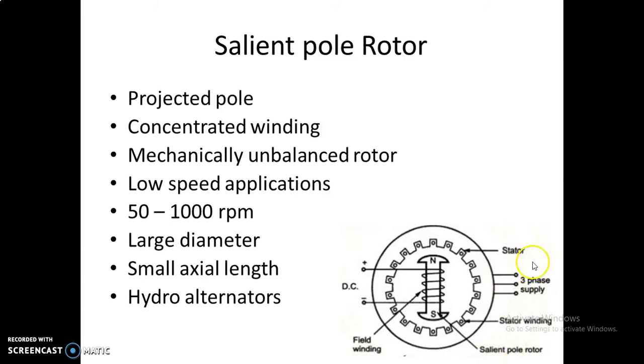This is the diagram for the salient pole rotor. This rotor is known as salient pole rotor because the rotor poles are projected outwards, so they are also known as projected pole rotors. The windings are concentrated.